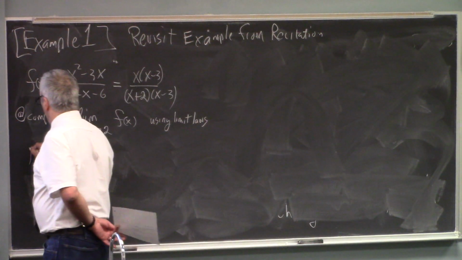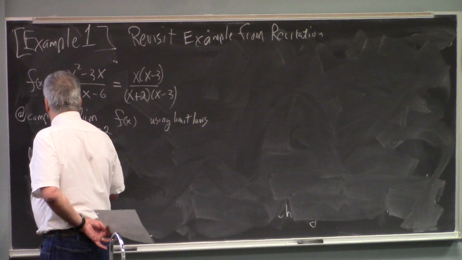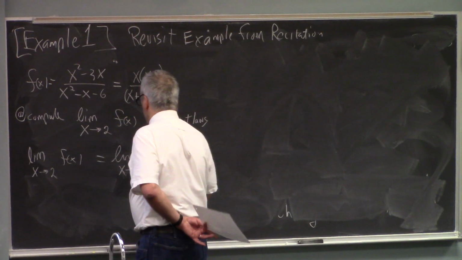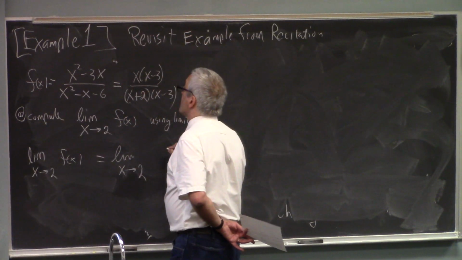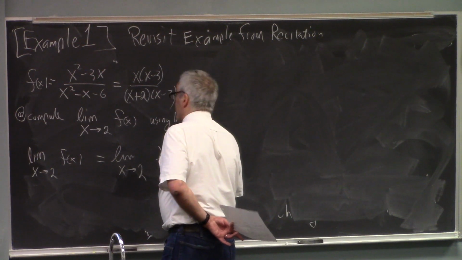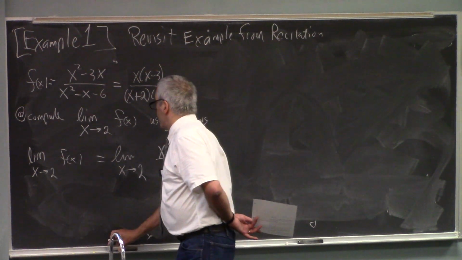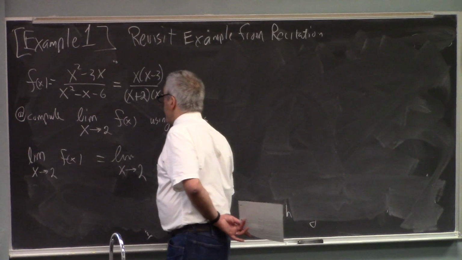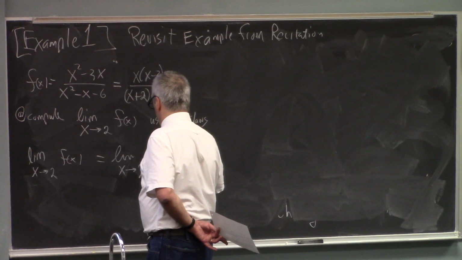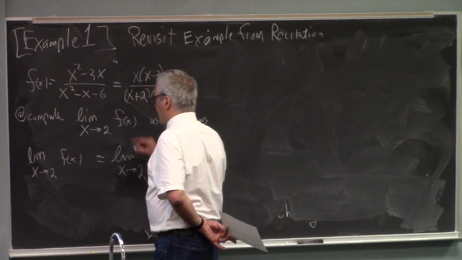Now pay attention to the way that I lay this out on the board. Limit as x approaches 2 of f of x. So that's the limit as x approaches 2 of x squared minus 3x over x squared minus x minus 6. Well, actually, I'm going to do the factored form. Well, actually, no, I'm going to go ahead and do this.